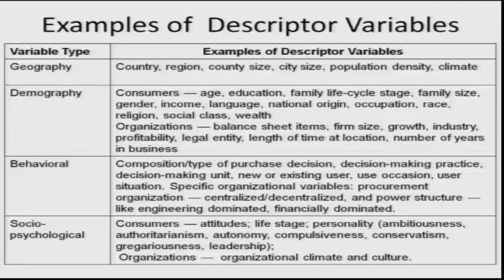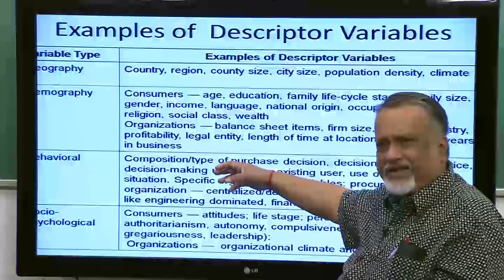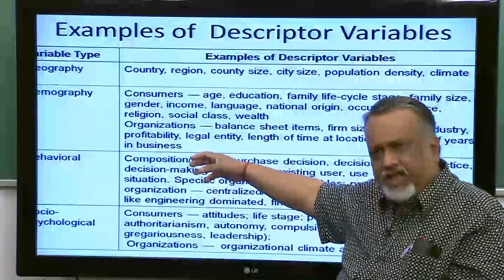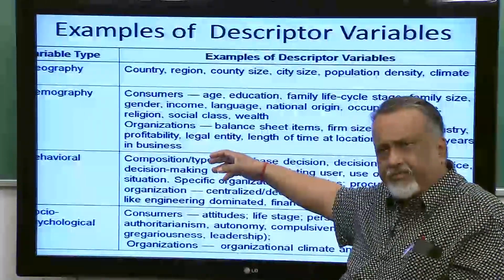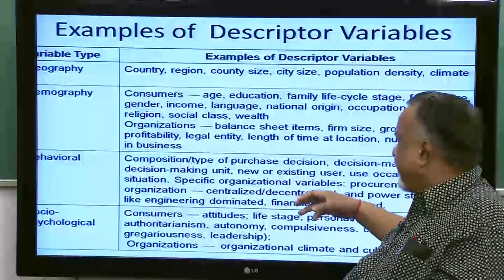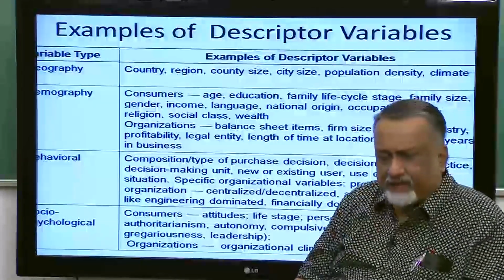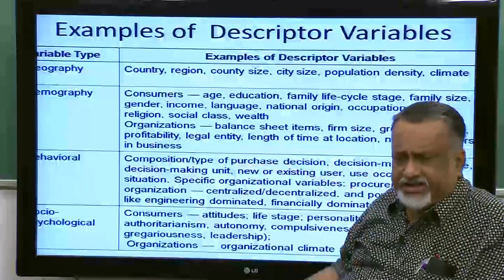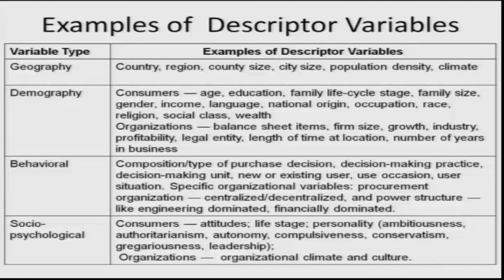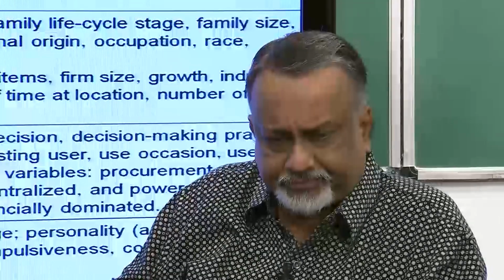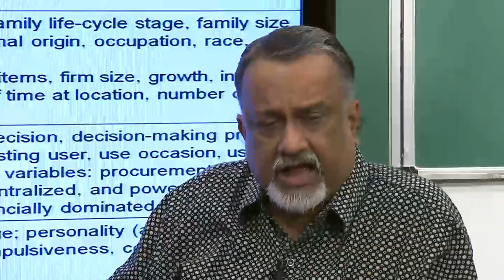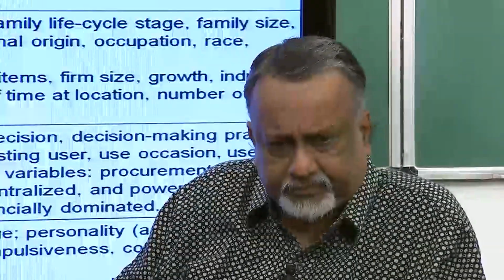We have to see how many people are involved in the decision making, whether it is a refrigerator which the whole family may be involved, or a car where the whole family may be involved, whether it is a new user or an existing user. So, these are different ways we can understand the nuances of the behavioral aspects. A lot of these we have discussed in our earlier session, I think week 5, 6.